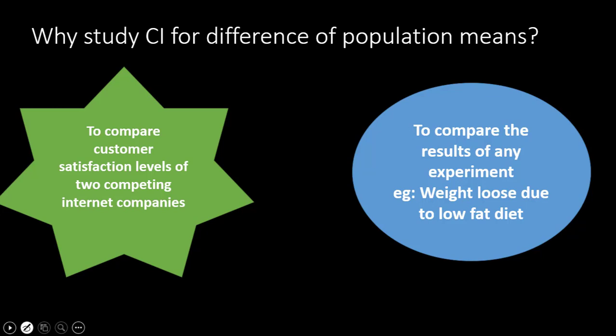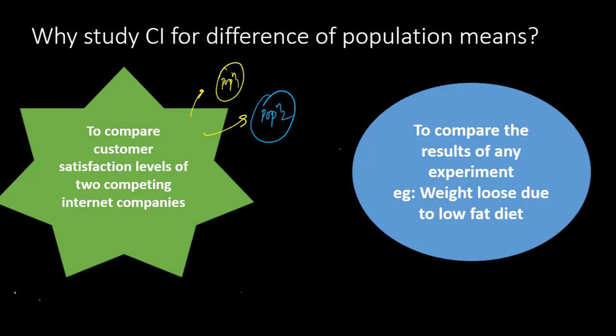Suppose there are two internet companies, one serving population 1 and the other serving population 2. We are required to compare the satisfaction levels of the customers of these two internet companies.